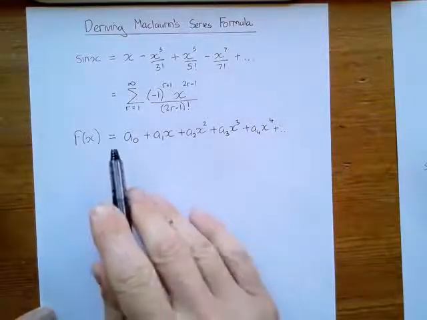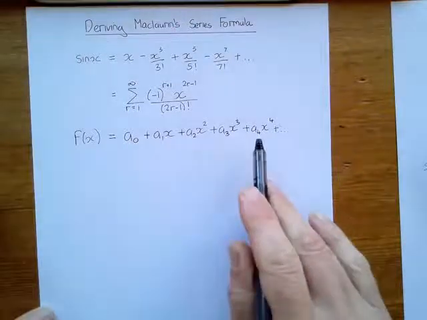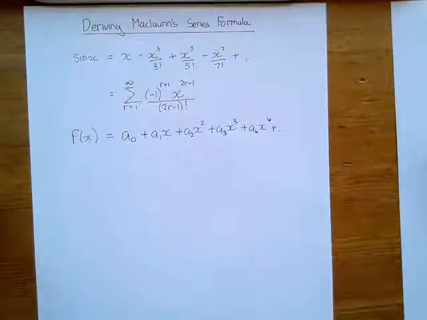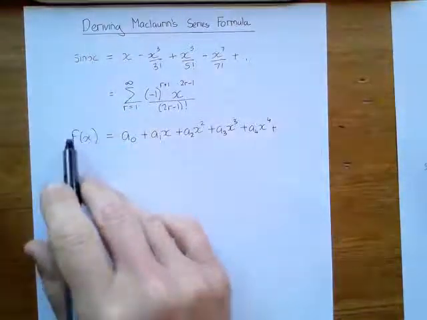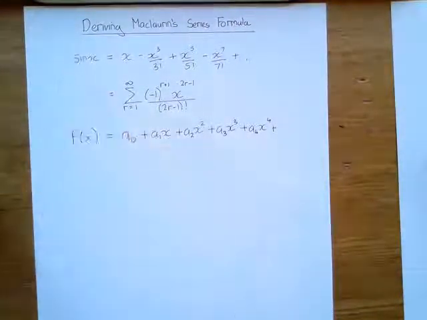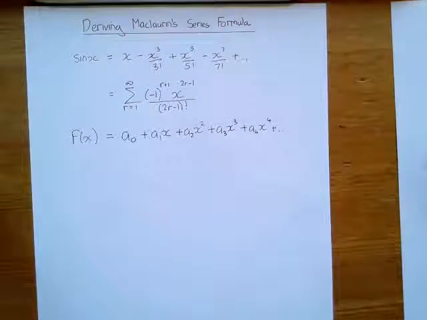Now what we're going to do is find a way of expressing the values of a0, a1, a2, a3 and a4 in terms of the original function. Because if I can do that, I can use the original function to actually discover the values of a0, a1, a2, a3 and a4.